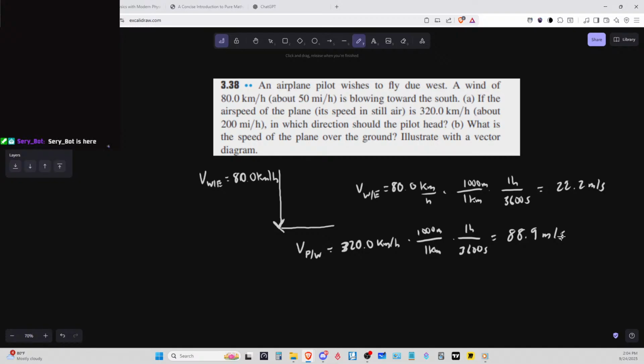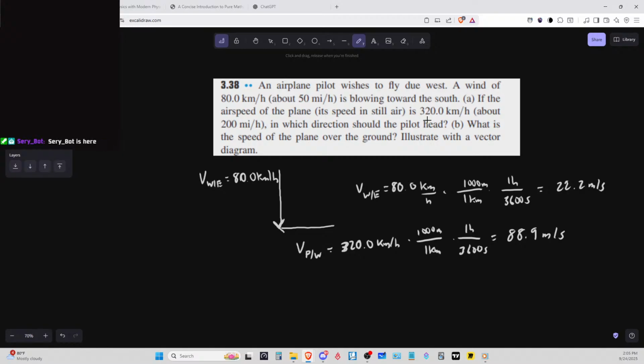In which direction should the pilot head? If the airspeed of the plane is 320 kilometers per hour, which direction should the pilot head? What is the speed of the plane over the ground?